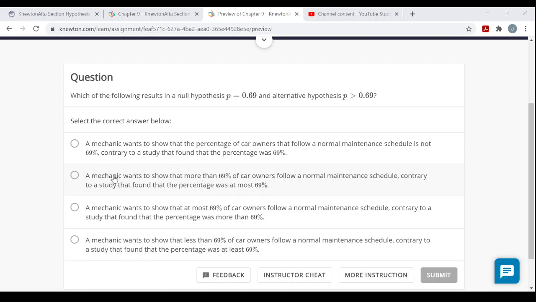Sorry. He's testing this: the percentage is more than 69. That is what the alternative hypothesis would be, and then in the null hypothesis we would assume equality. So yes, this scenario, I would end up setting up these two hypotheses.